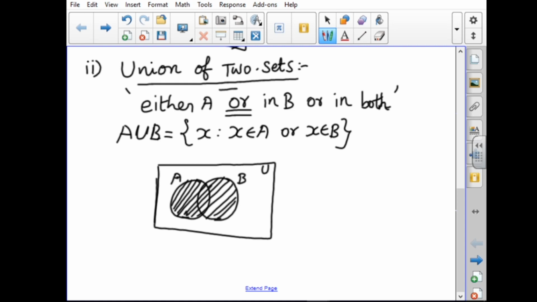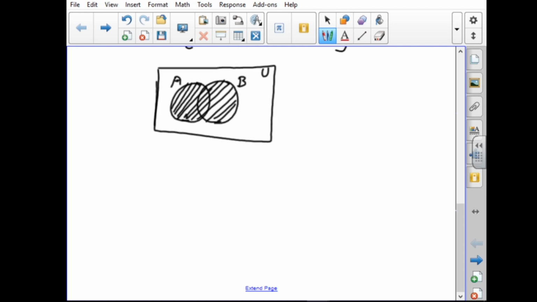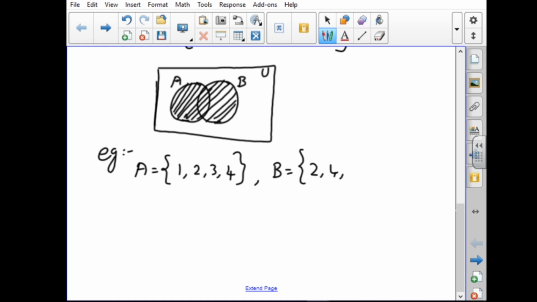For example, in numbers, if A is equal to 1, 2, 3, 4 and B is equal to 2, 4, 5, 7. I am taking the two sets 1, 2, 3, 4 and 2, 4, 5, 7.